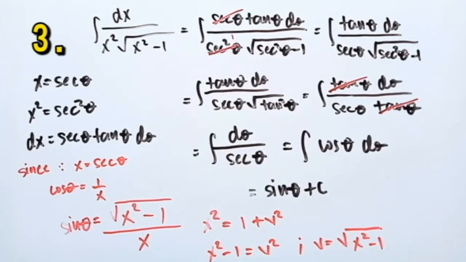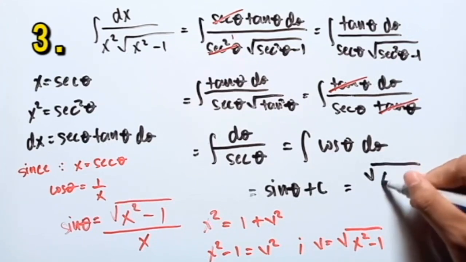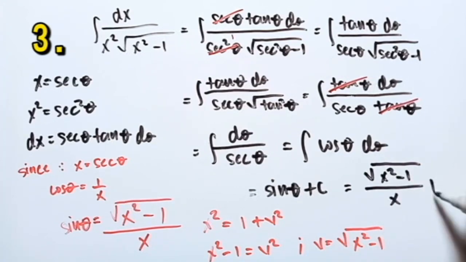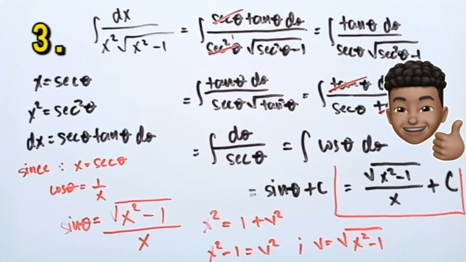Hence, let's plug in the value of sine theta into the answer to get the final answer. So our final answer will be the square root of x squared minus 1 over x plus c. And this is our final answer. So we're done.